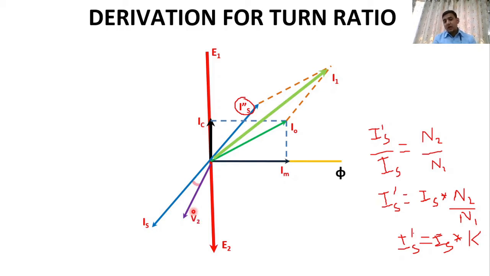In conclusion, we have the resistive voltage drop, which is IsR2, and our reactance loss, which is IsX2. In the previous lectures we also discussed how V2 is always less than E2. So now the main point is the derivation for the turn ratio.